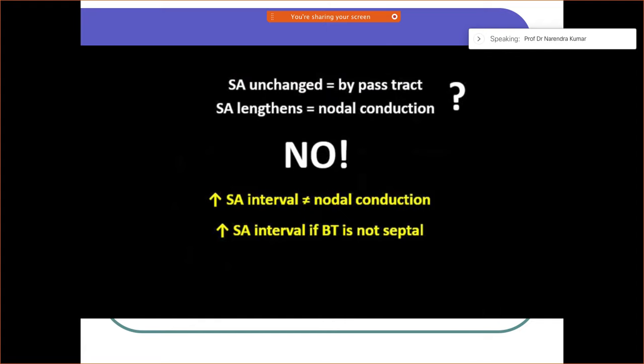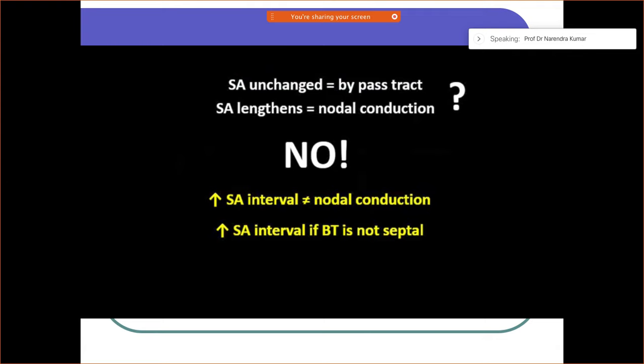The SA interval is unchanged by the bypass tract, or the SA length is equal to the nodal conduction. Do we have a doubt? Definitely not. So the increased SA interval is not equal to nodal conduction, and an increased SA interval means the bypass tract is not septal.